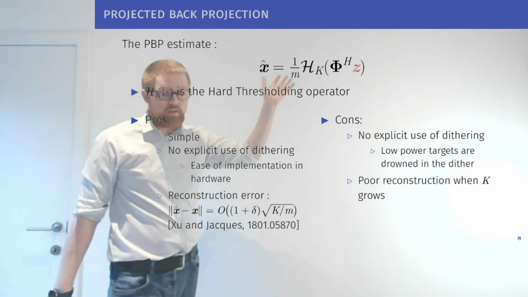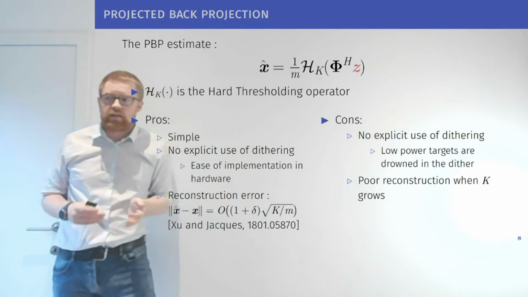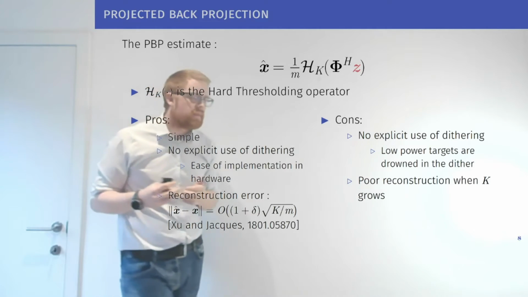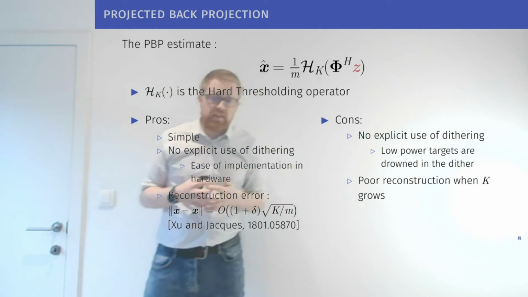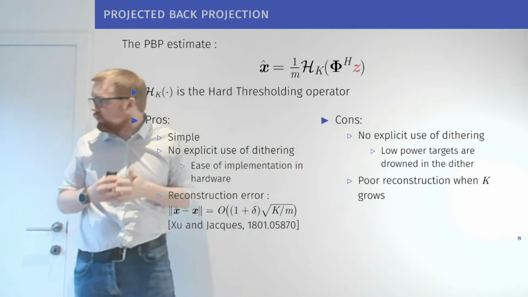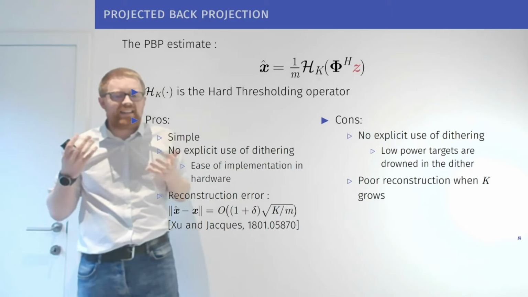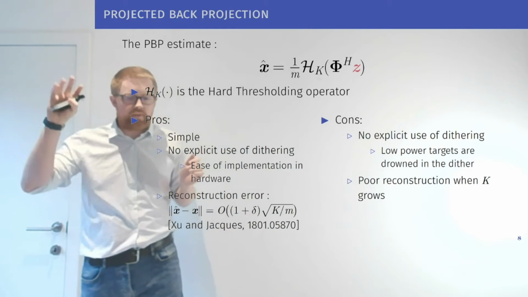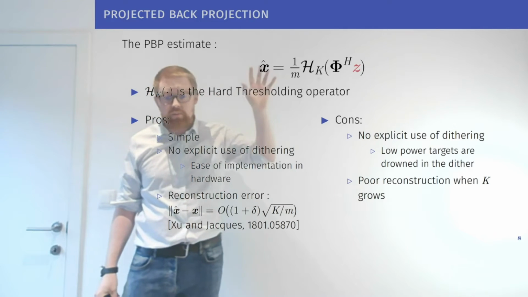But of course, this algorithm is so simple that it could not be the best. For example, in cases where you have a low number of measurements, there's no magic, in the sense that because we're not explicitly using the dither, there's no way for the algorithm to know what is due to the signal and what is coming from the dither.